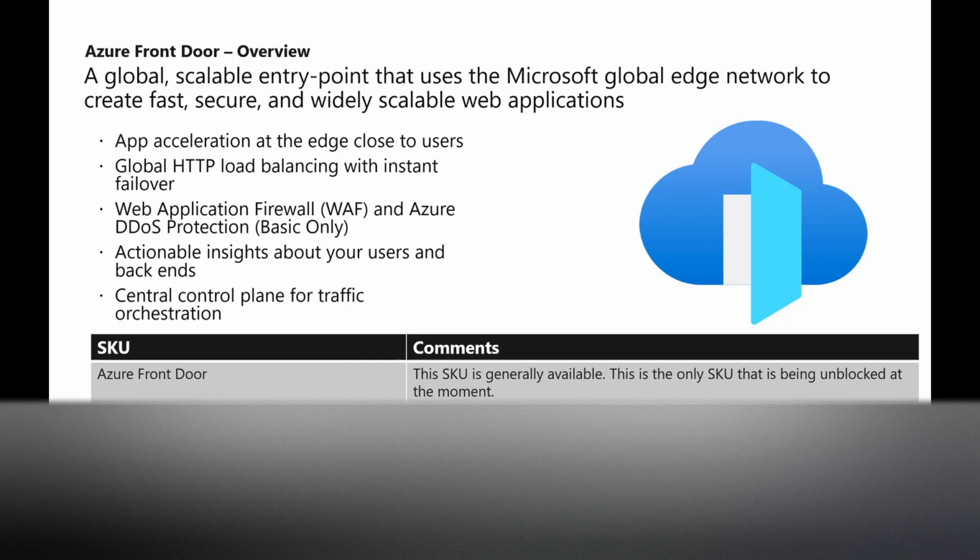In the case of Azure Front Door Premium, now you can have private endpoints behind it. So let's say you have an App Service, you can create a private endpoint and put it behind Front Door.